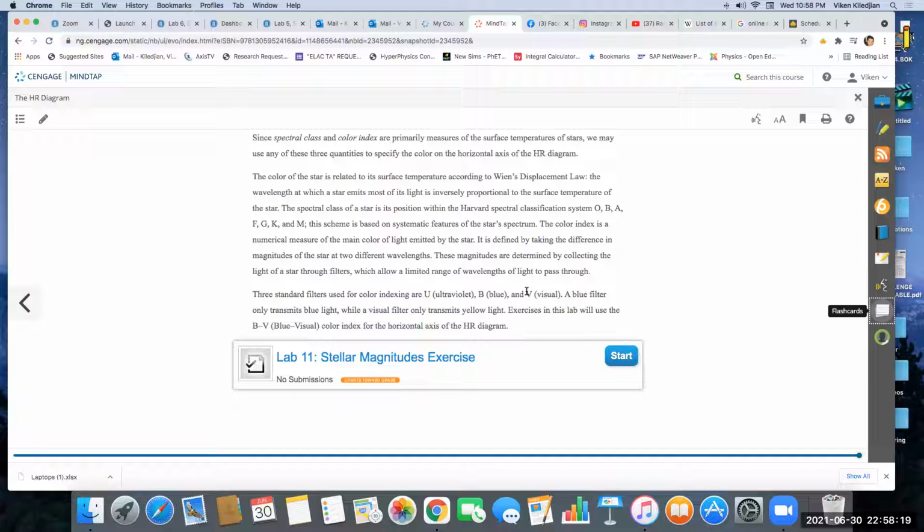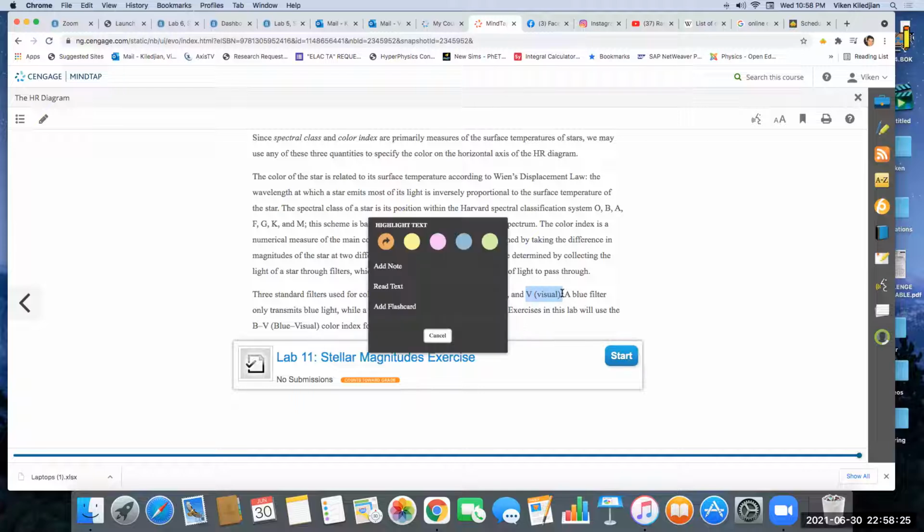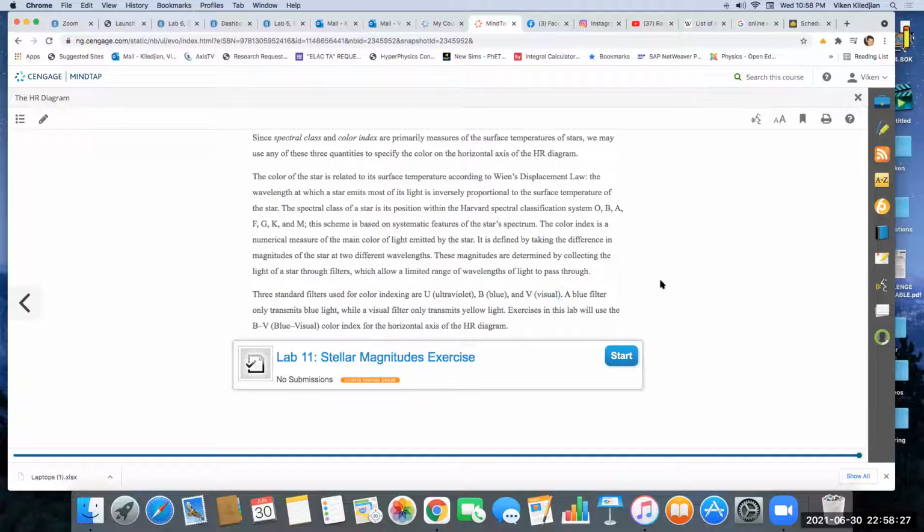I see, so the V, which stands for visual, only allows the yellow, because yellow is in the middle of the visible spectrum, from red and orange all the way to blue. So the visual filter only allows the yellow to go through.